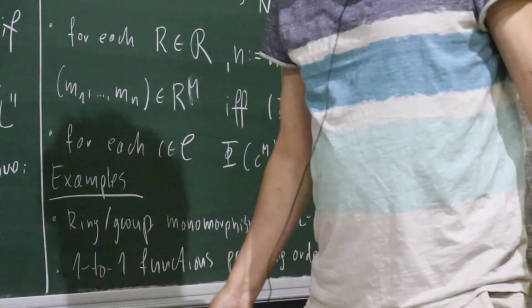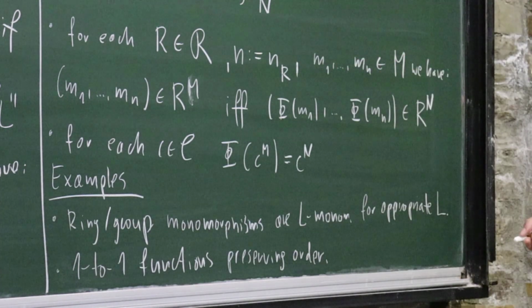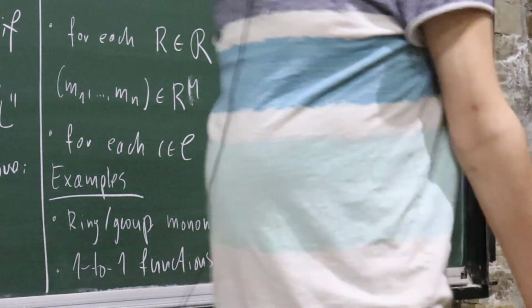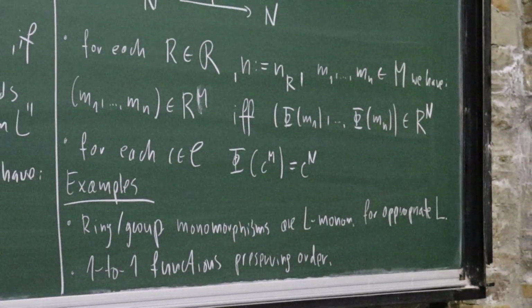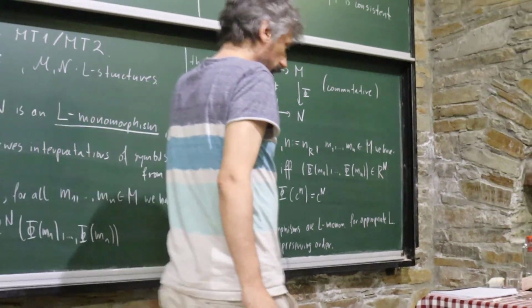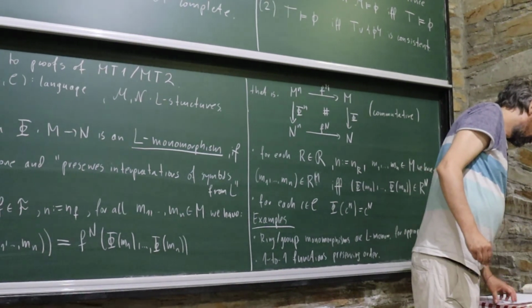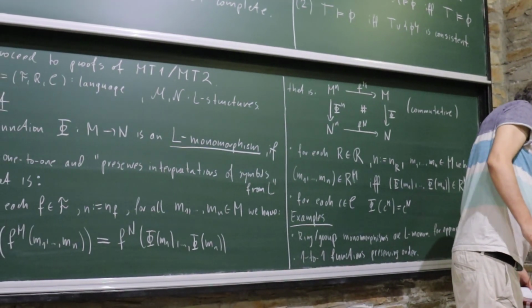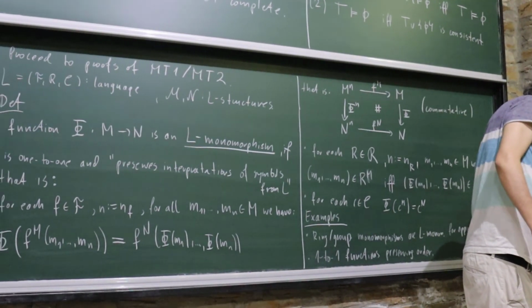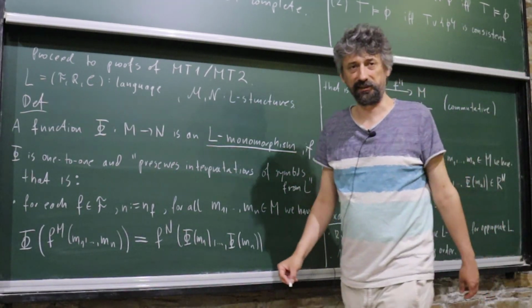Yes, if we have a language of orders, then it should be a one-to-one function which preserves order, like embedding natural numbers into rationals or reals. Okay, maybe we have a break now.